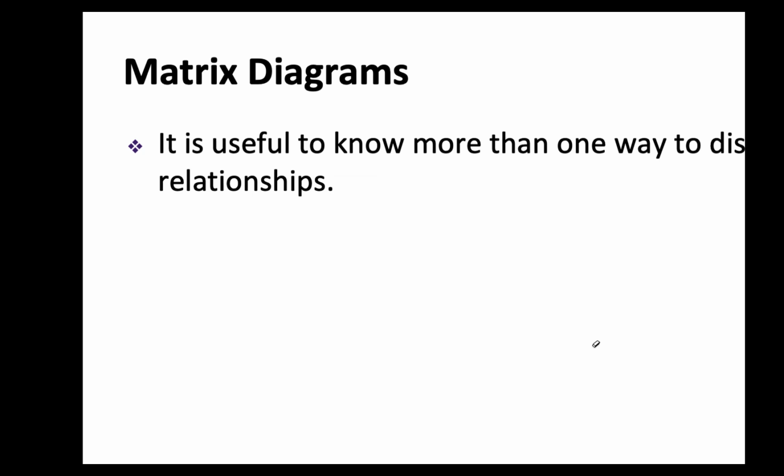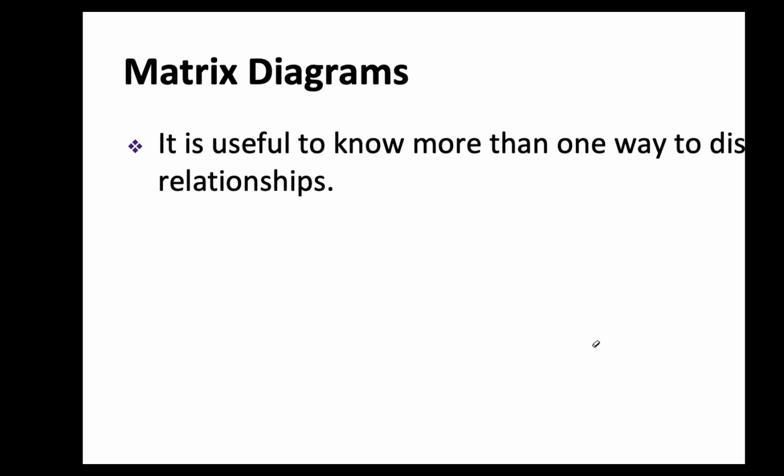Matrix diagrams. It is useful to know more than one way to discover relationships. Obviously, when we have very few entities, we can easily find out which entity would have a relationship with another entity. But consider if you are making a very complex business information system in which you have, let's say, 50 entities, right?